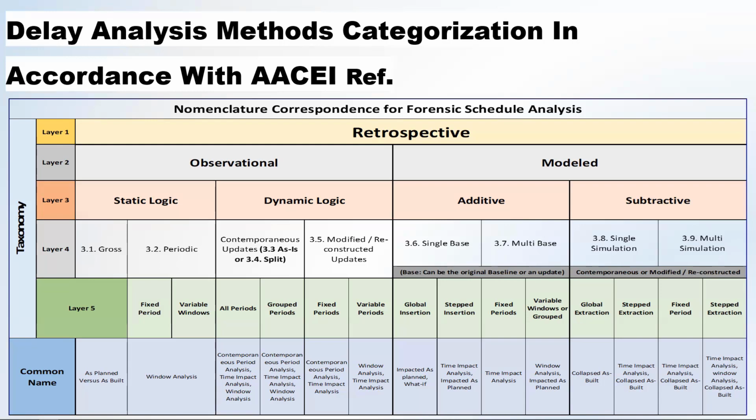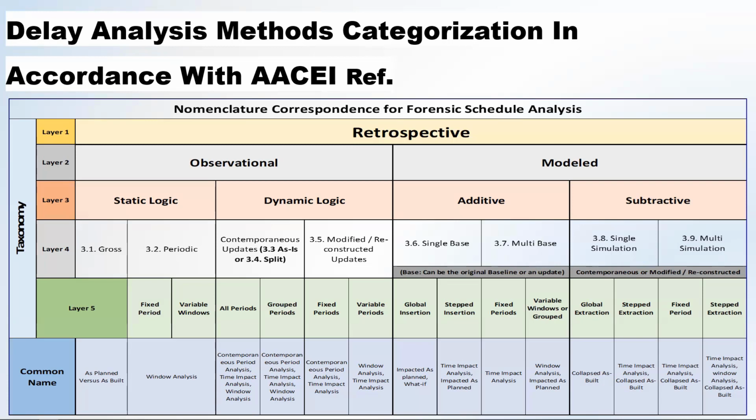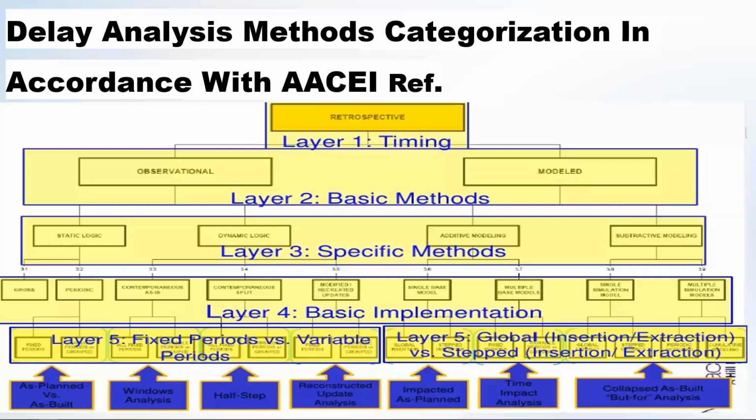We call them the MIP, Method Implementation Protocol. So when we name the method we are using under the association, we say it's MIP 3.1, MIP 3.2. This is where the naming of methods based on the association's reference came from. 3 is layer 3, and 1 up to 9 represents layer 4, which is the basic implementation.